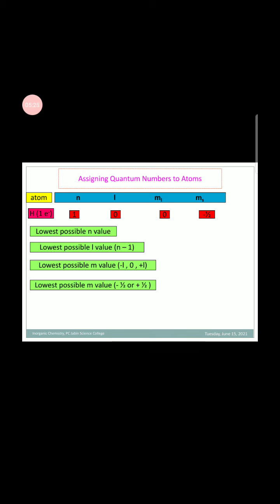Considering the hydrogen atom, it contains only one electron. Lowest possible n value, lowest possible l value is 0, ml value is 0, and ms value is minus half or plus half.